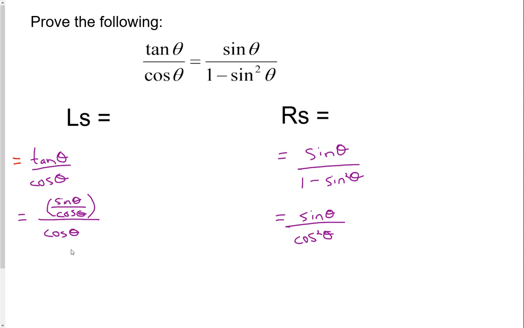Okay, now I'm kind of dividing fractions here, right? Again, you remember when we divide fractions, we have to invert and multiply. So I could write this cos theta as cos theta over 1. And then it's like a fraction and I can invert and multiply. So let's do that. I've got sine theta over cos theta times, we have to flip my second one, invert and multiply, 1 over cos theta.